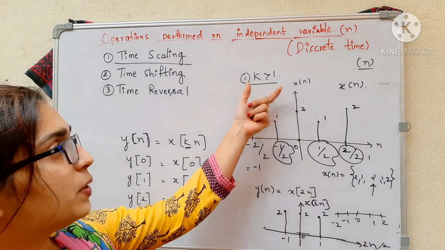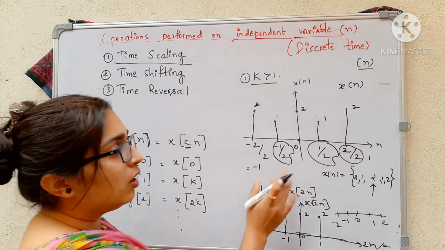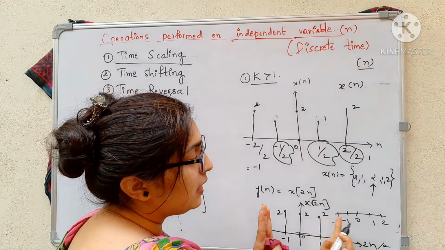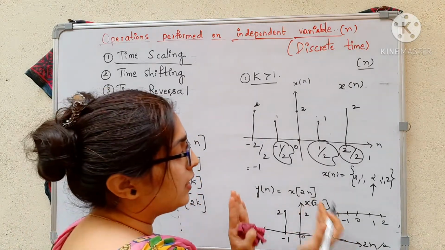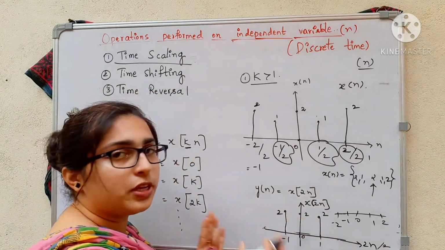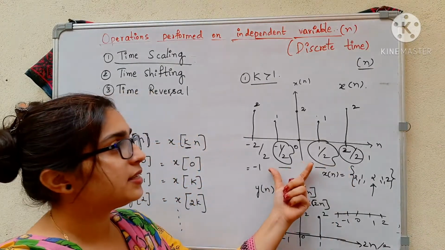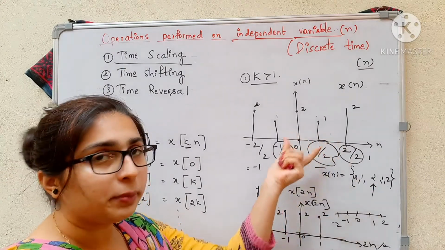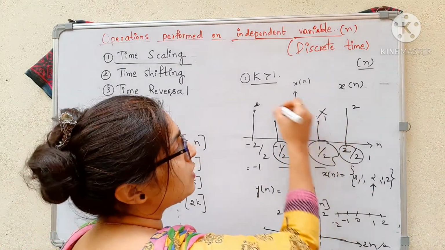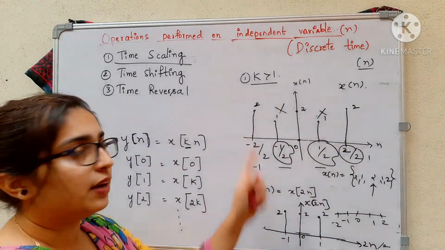So what happens when k is greater than 1? The signal is compressed, so the resulting sequence will be a shorter sequence. The intermediate samples which are present are lost in this case when k is greater than 1.